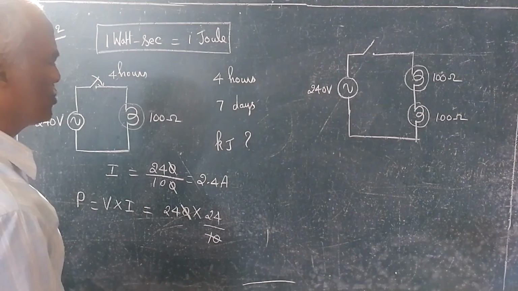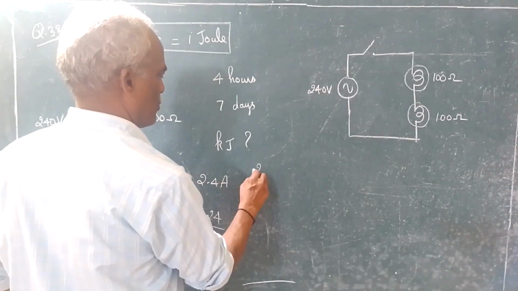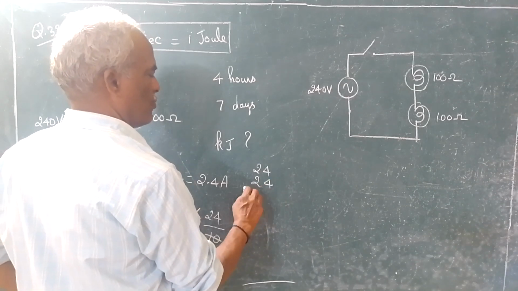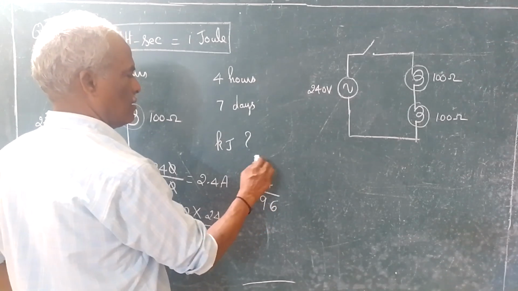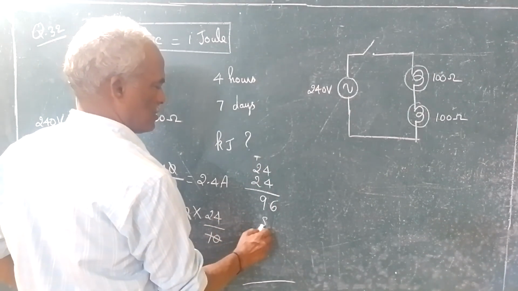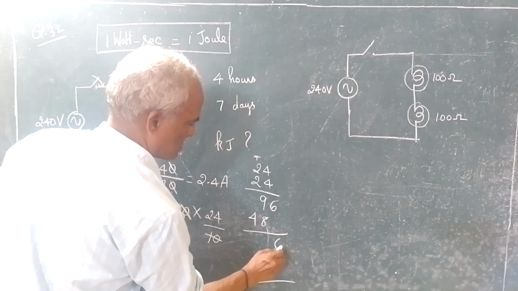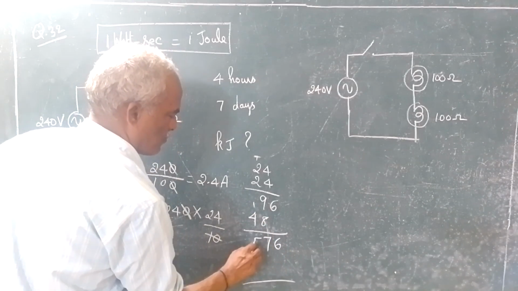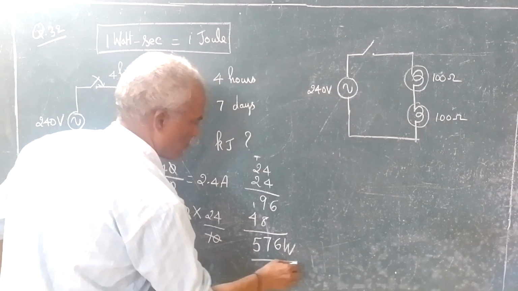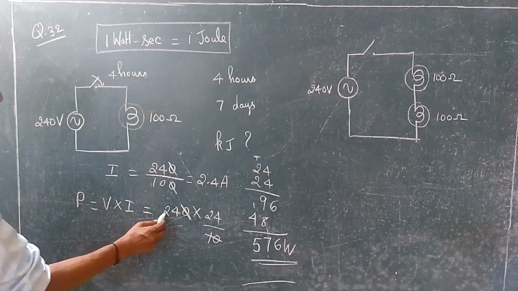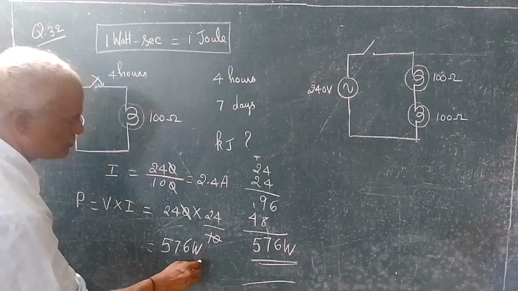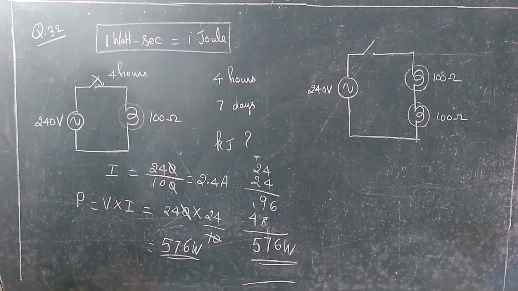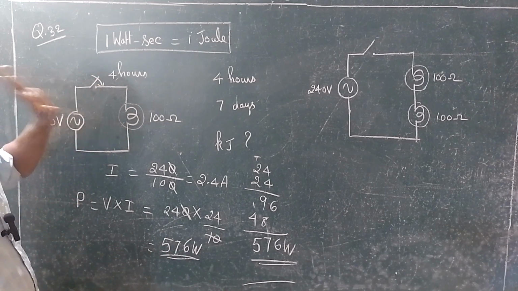So now 24 into 24 multiplied by 24. 4 4s are 16, balance 1, 4 2s are 8, 9, 4 2s are 8, 2 2s are 4, 6. So 576 watt. That is, when you multiply 24 into 24, you will be getting 576 watt. So this is the power of the bulb.